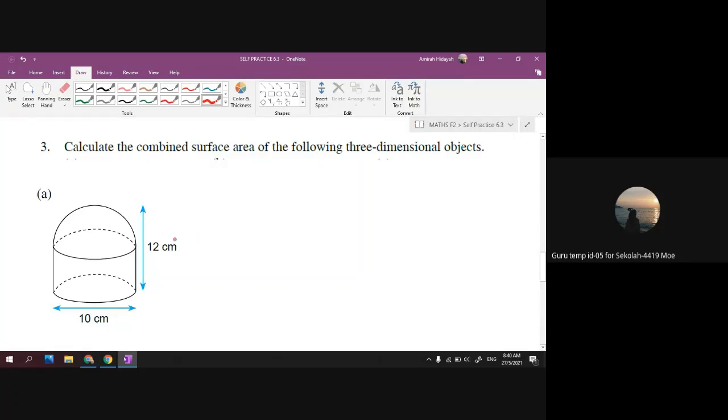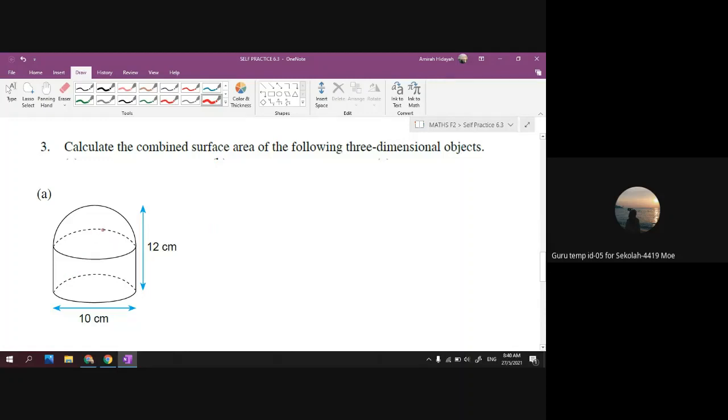Okay, pasal solving problem. So for solving problem questions, okay, it will usually give you a combination of 2 solids. So, for example, this one. Okay, so untuk 3A ni, kita tahu dia melibatkan hemisphere and also a cylinder, right?